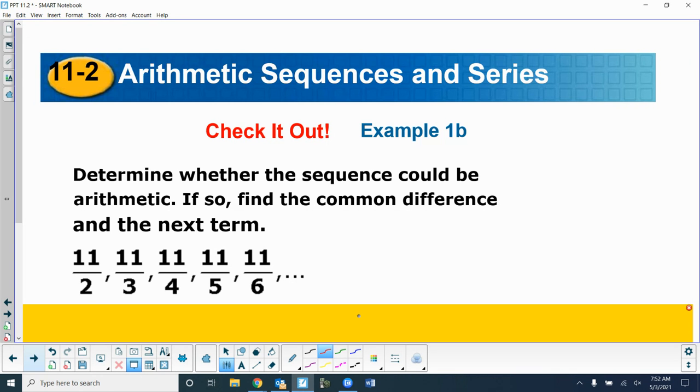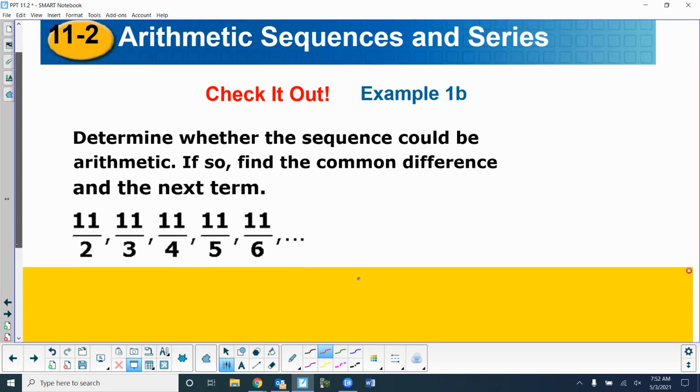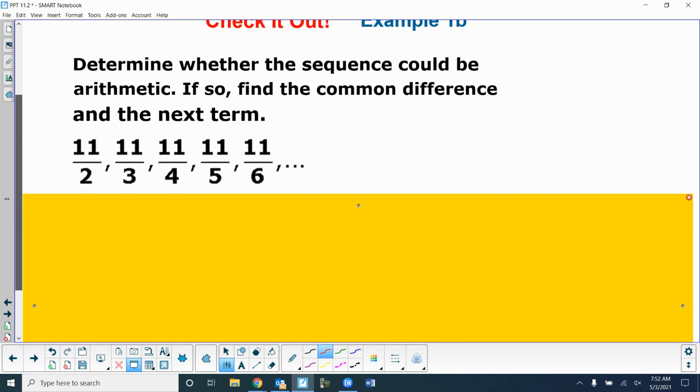How about this one? Are they going up or down by the same amount? I guess they're going down, they're getting smaller. But is it the same amount? Is 11 thirds minus 11 halves the same as 11 fourths minus 11 thirds?